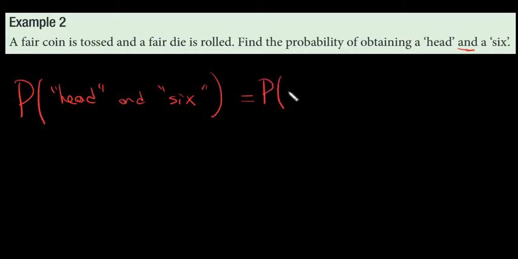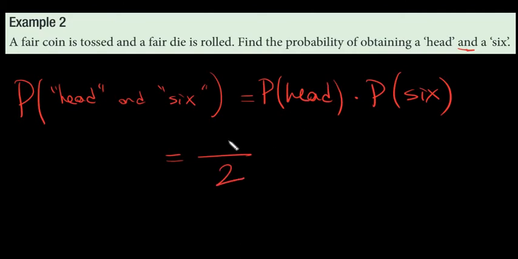So this is going to be the probability of getting head times the probability of getting 6. What is the probability of getting head? 1 over 2, because there are two outcomes, head and tail. I want to get head. The desired outcome is only 1 over 2. Times, what is the probability of getting 6?